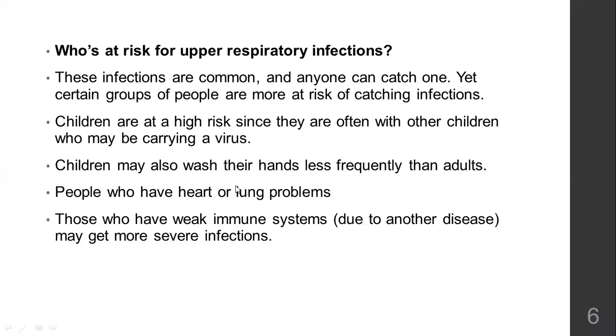People who have a weak immune system, children who are prone to frequent infection, kids who were not breastfed enough, low birth weight babies, those who have a weak immune system are at the highest risk of getting infections.